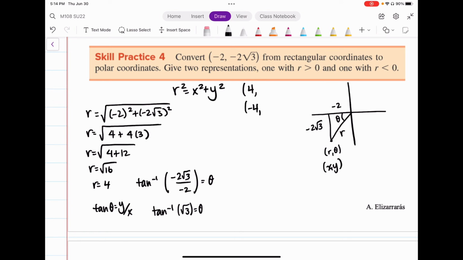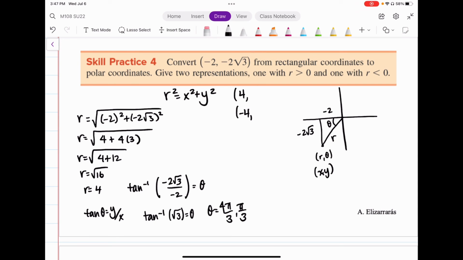Remember, tangent is positive in quadrant 1 and in quadrant 3. We are talking about 4 pi over 3 and pi over 3. Because our original point is located in the third quadrant, where 4 pi over 3 is, when r is 4, we have 4 pi over 3. And then the opposite, negative 4, is true for pi over 3.